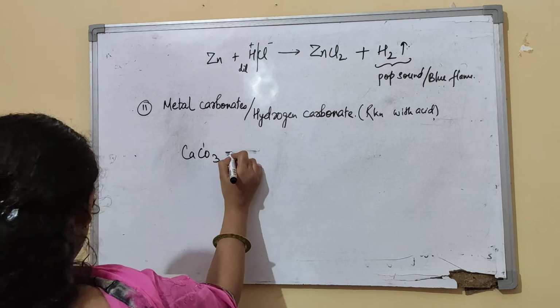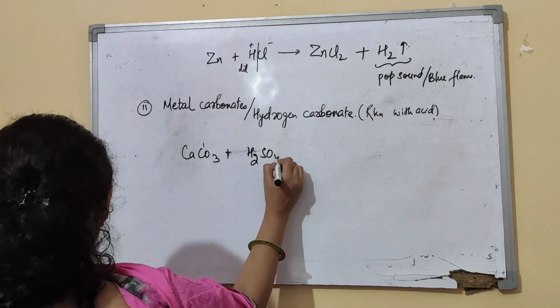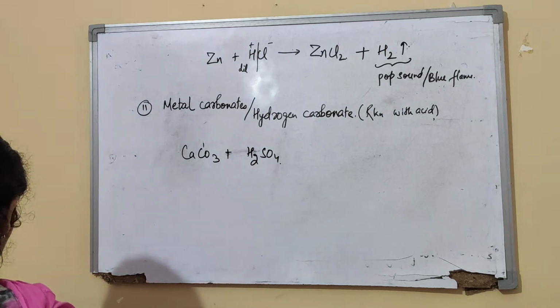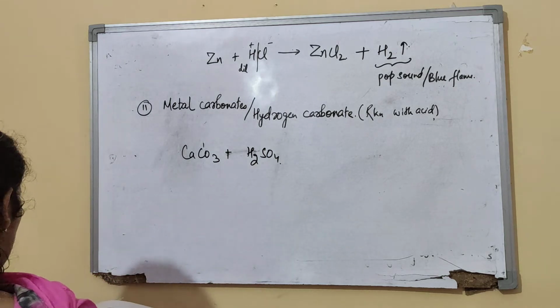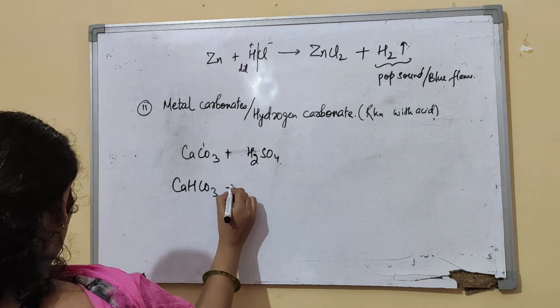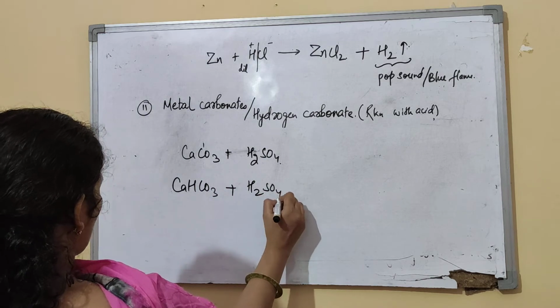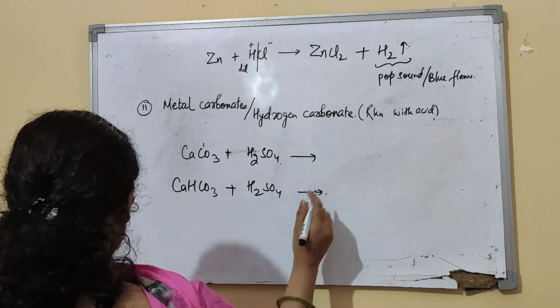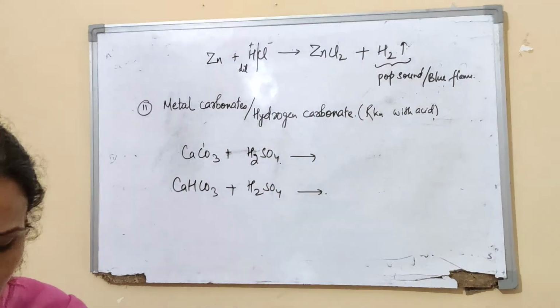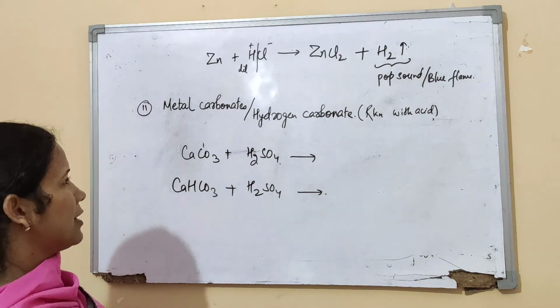Calcium carbonate plus H2SO4. We can also write calcium hydrogen carbonate plus, say, H2SO4. So we'll complete this. You can give it a try.